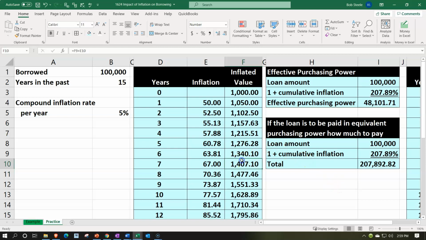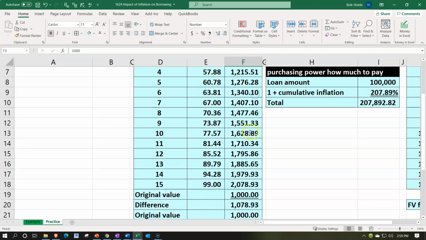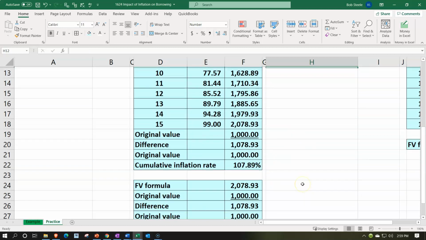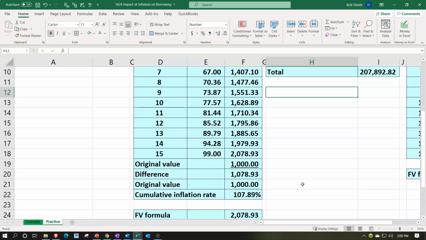And of course, you can kind of see that in our calculation here, where we started with the 1,000, and we would have to then get to the end point, the equivalent units in dollars after 15 years of about 207,893. So in other words, you could do that calculation and kind of prove it to yourself here with the future value calculation once again. Let's do that again.